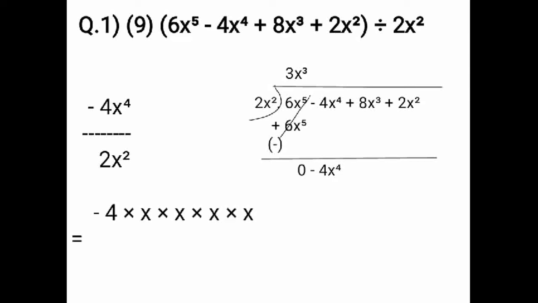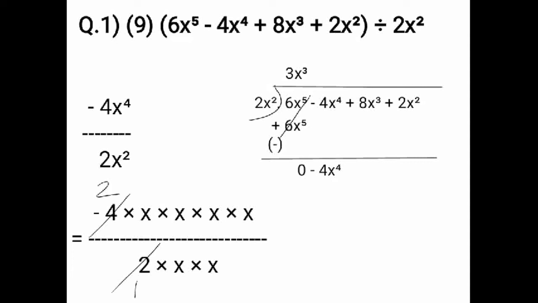That is equal to minus 4 into x into x into x into x upon 2 into x into x. Now do the cancellation table which is going. Number 4 is going to table. Number 2 is already there on denominator. 2 ones are 2, 2 twos are 4. You don't have to cancel minus sign. Minus sign on numerator, write as it is. Now cancel both the x on numerator and denominator.